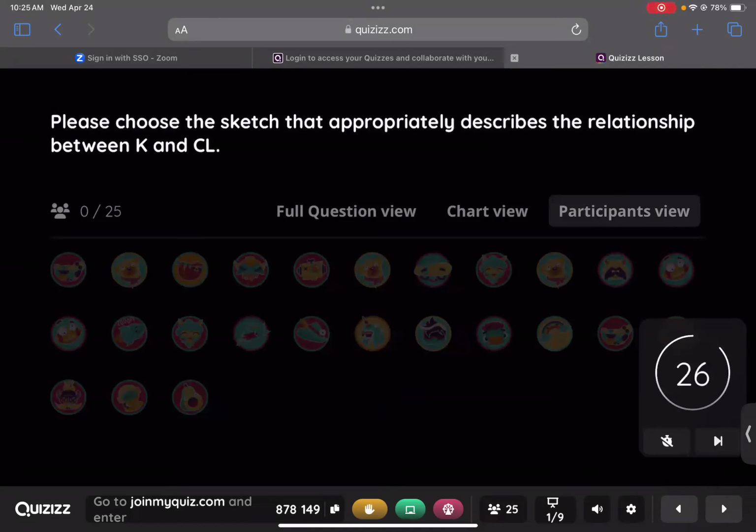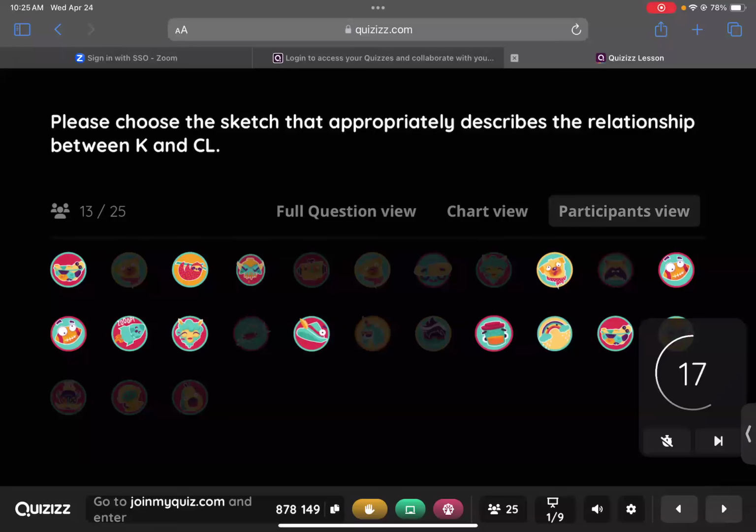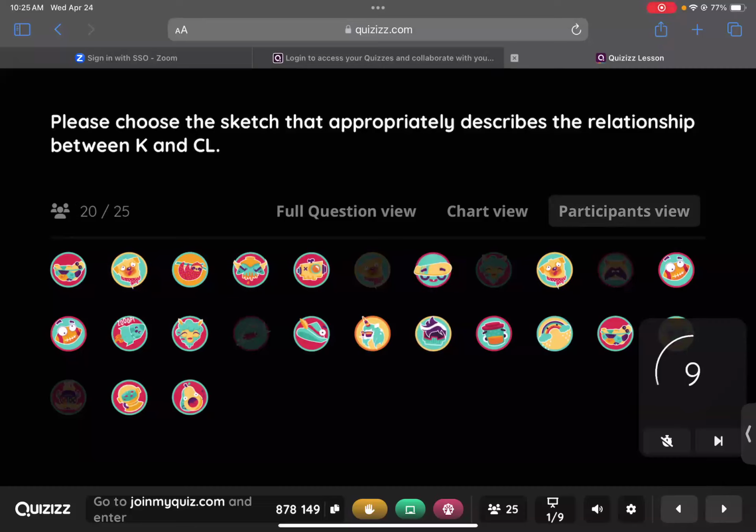Please choose the sketch that appropriately describes the relationship between your elimination rate constant and clearance. This should be a gimme. Remember to label your axes appropriately. I've only asked you this like 15 times already, right?